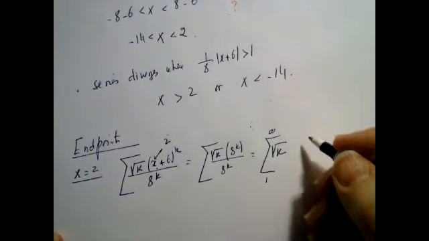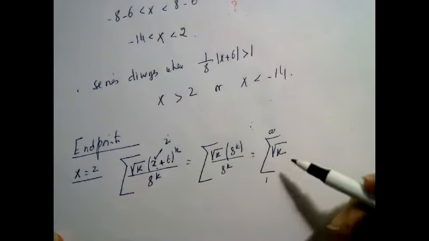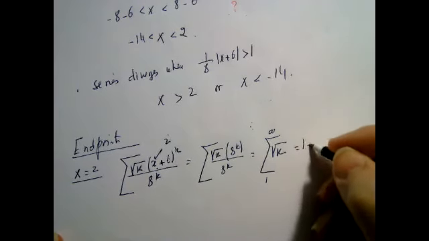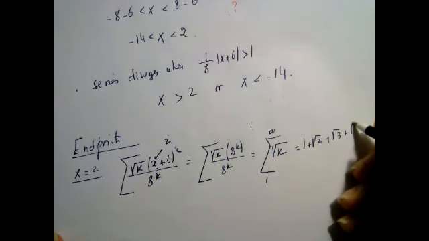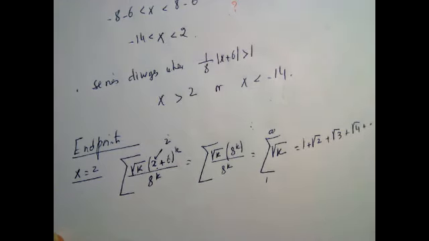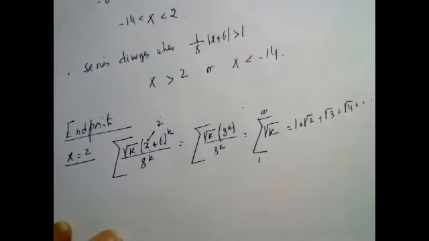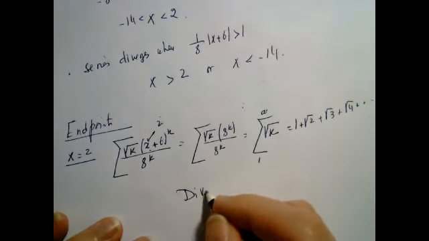Now, of course, here, the sum of the square root of k is basically 1 plus the square root of 2 plus the square root of 3 plus the square root of 4 plus so on. So that's the series we get. And this one diverges by the divergence test.